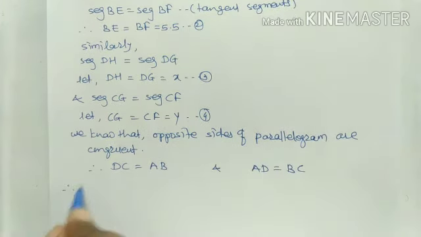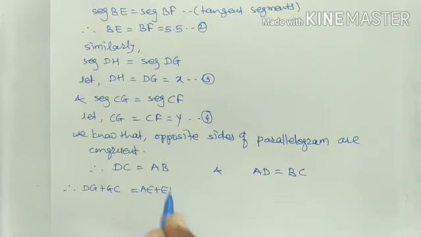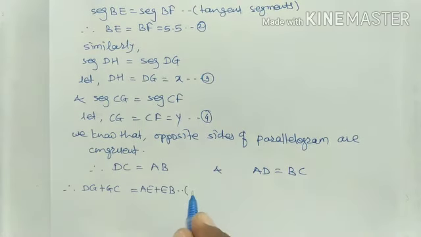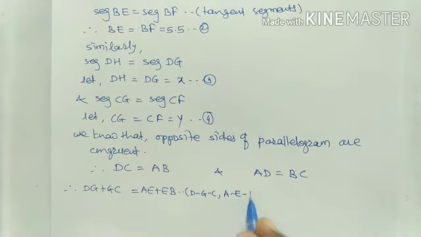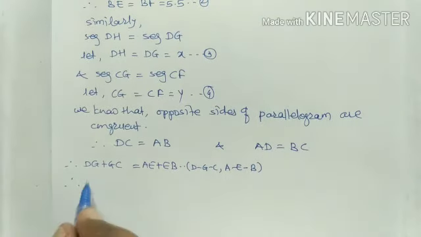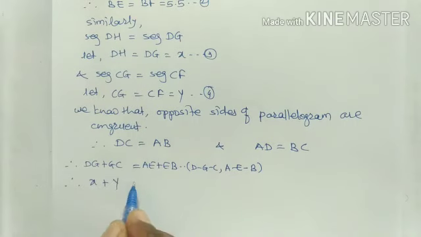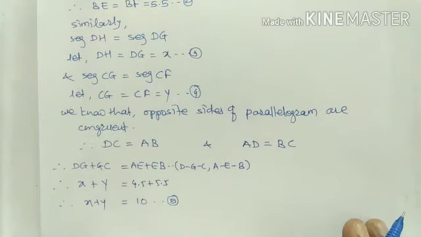DC equals DG plus GC, and AB equals AE plus EB. Reason लिहूया D-G-C and A-E-B, and therefore DG equals x and GC equals y, that is equal to 4.5 plus 5.5, and therefore x plus y equals 10. याला number देऊया next. This is fifth number.